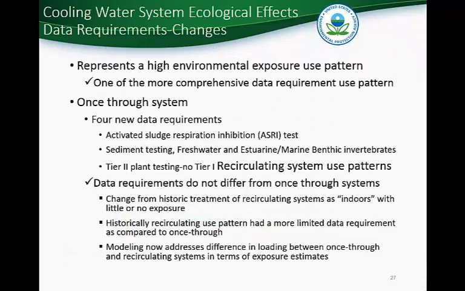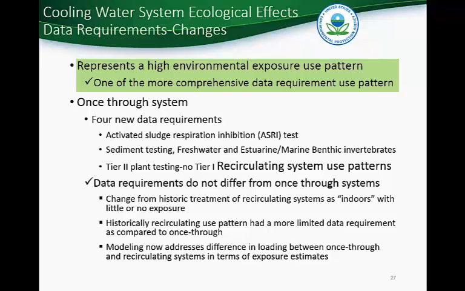The ecological effects data required to support a manufacturing use product or an end-use product for cooling water systems is one of the more comprehensive. By comprehensive, I mean if you look at the animal and plant Part 158, Subpart W non-target animal and plant effect data requirement tables, if the active ingredient is persistent, then most of the data listed are likely to be required.